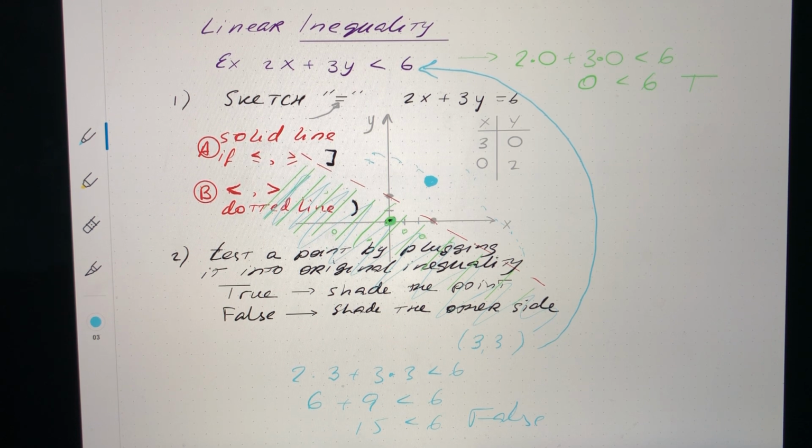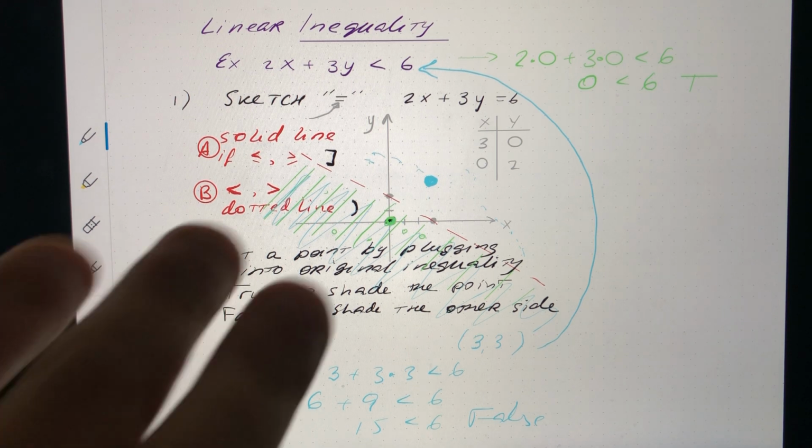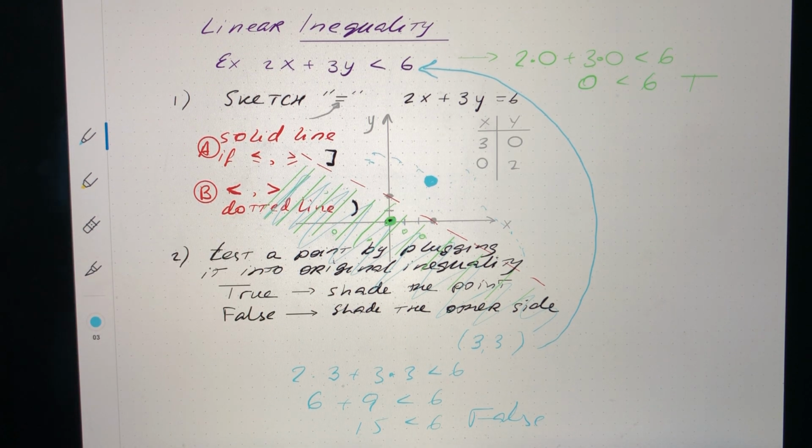Now, with a calculator, we can check if we have the right shading, and to do this, we need to solve our equation for y, because the calculator will only accept answers as y. So here is our equation. Let us solve it for y. It begins with 2x plus 3y is 6.